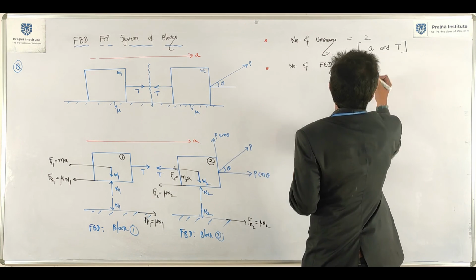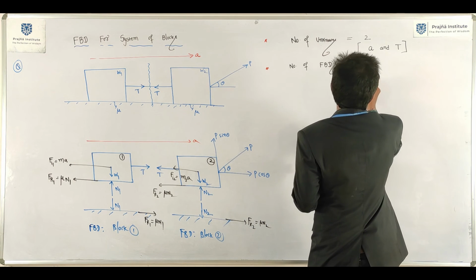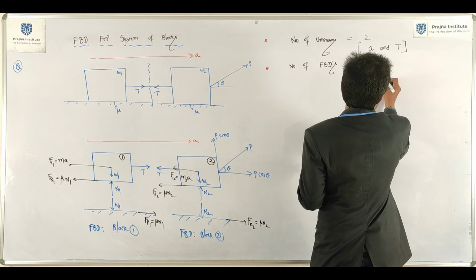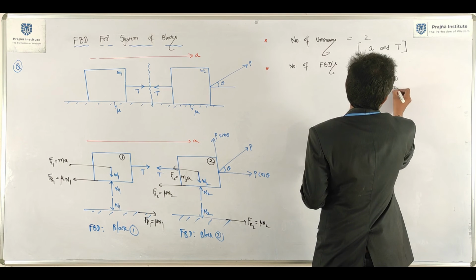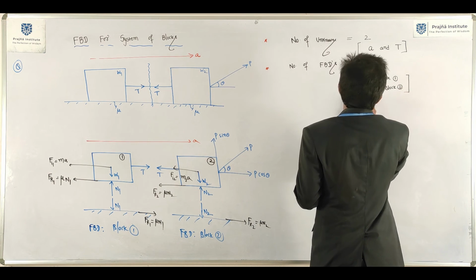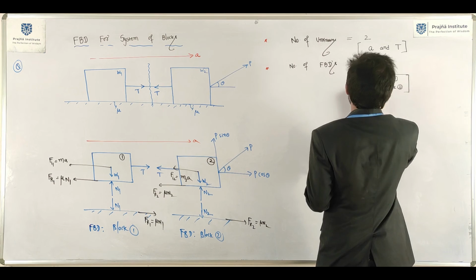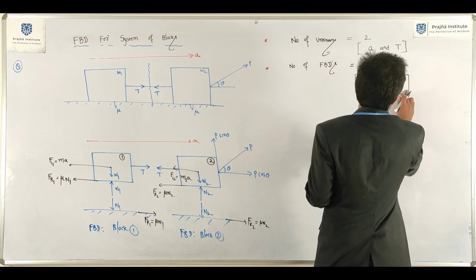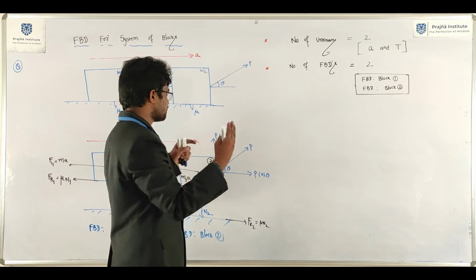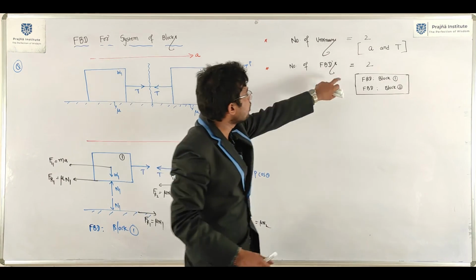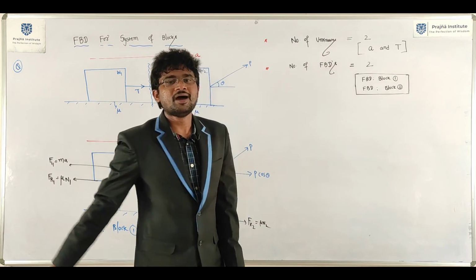Tell me, 2. So FBD block 1, FBD block 2. This is the logic. Number of unknowns and number of free body diagrams, both must be equal.